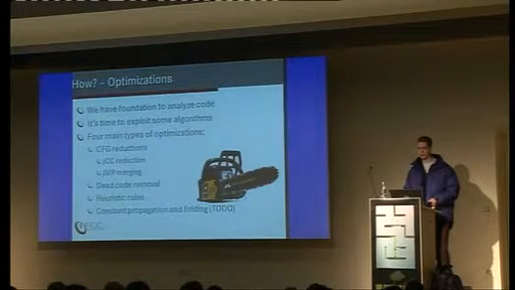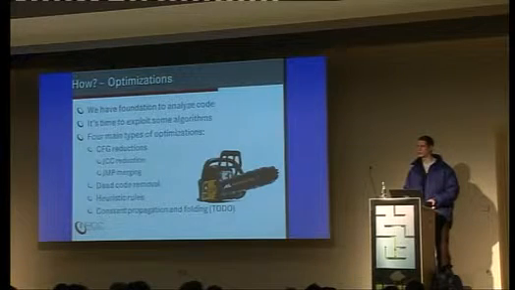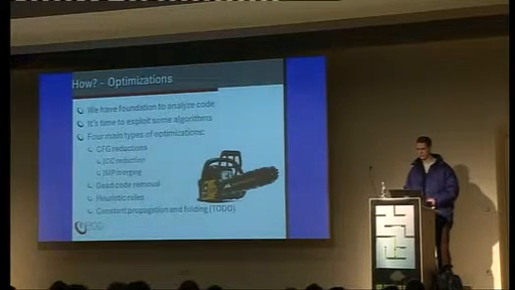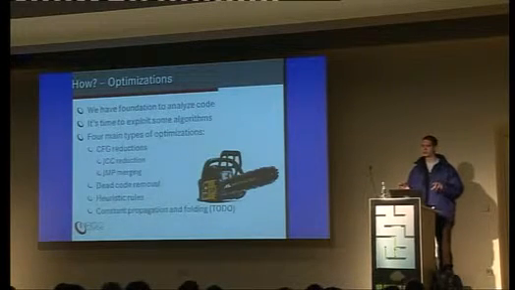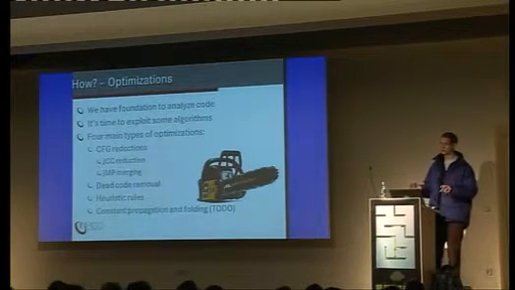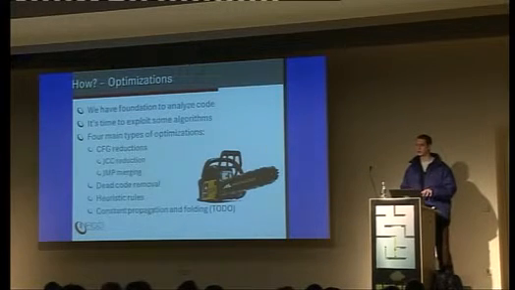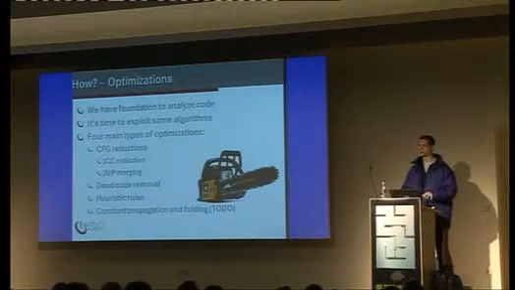And the last one is constant propagation and folding. This is still in development and will not be a part of the released plugin. In this case you simplify all the instructions that manipulate data and that use constant values as operands.